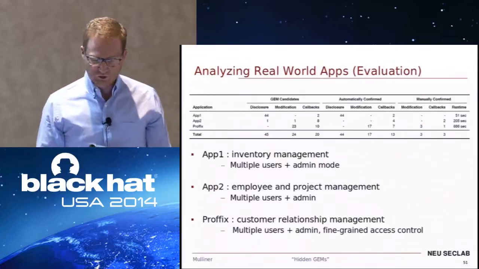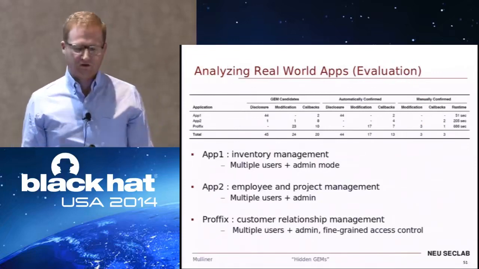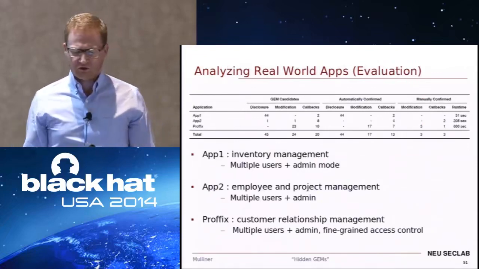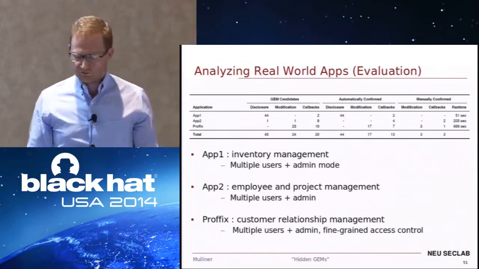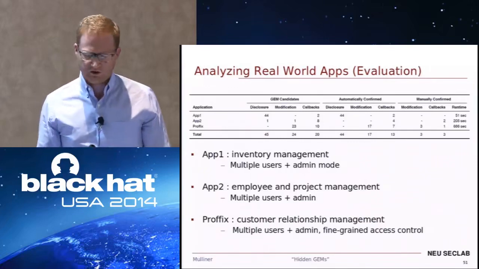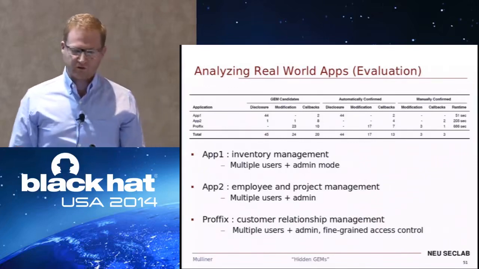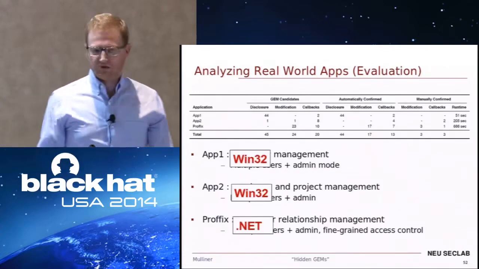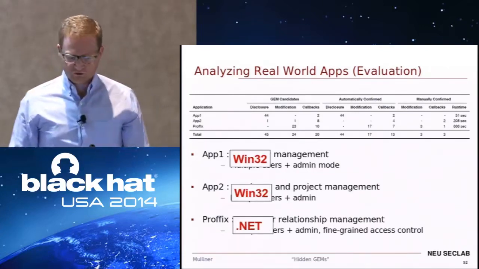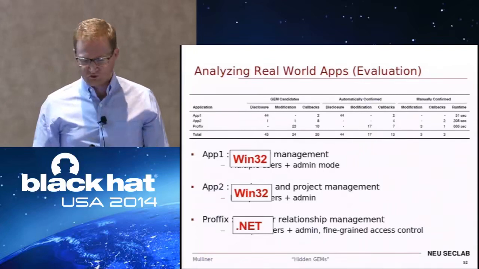We looked at a bunch of applications, like an inventory application, a small employee and product management tool, and Profix, which is a CRM from a Swiss company. The first two applications were plain Win32 applications, and the last one was a .NET application.